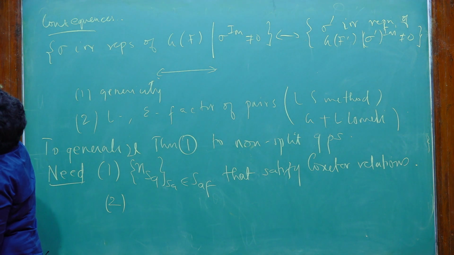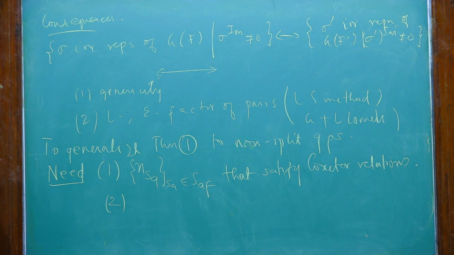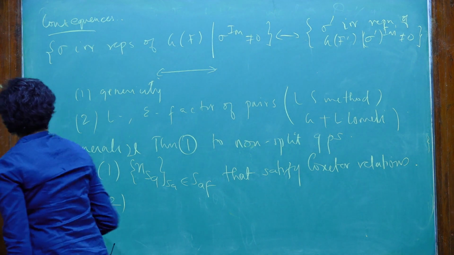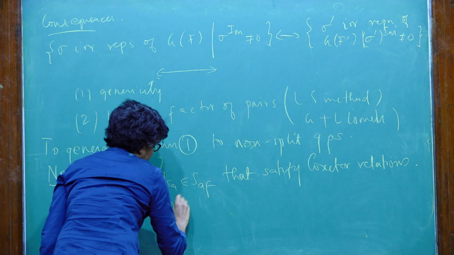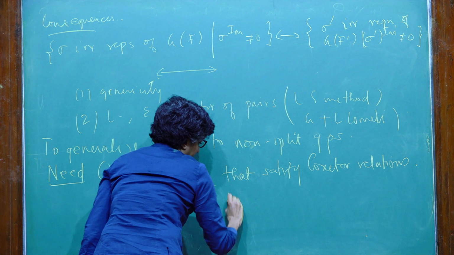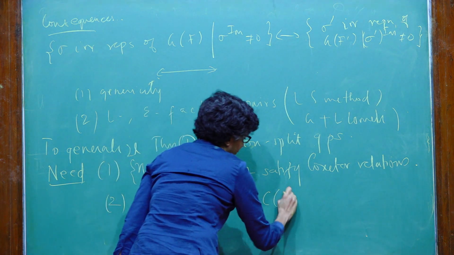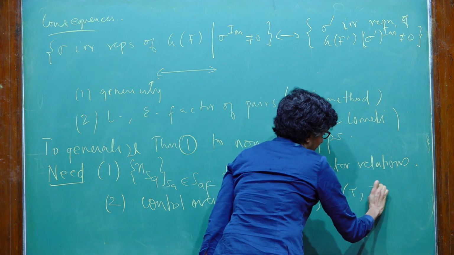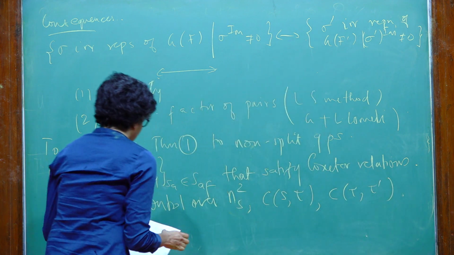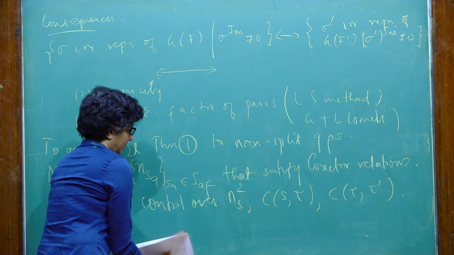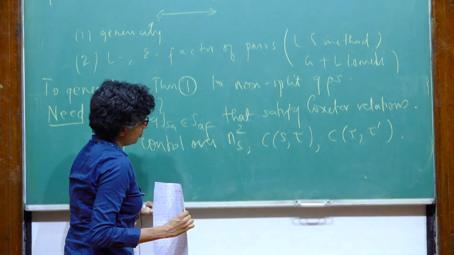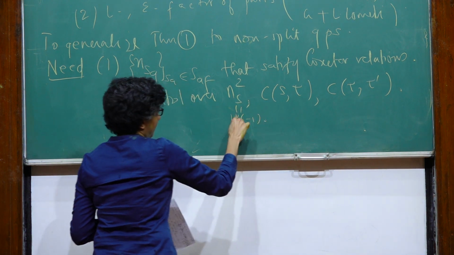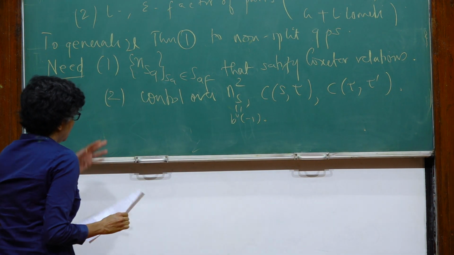And the way FB goes to FB prime is via this isomorphism. So you do want control over NS square, the C of S tau, and C of tau tau, right? In fact, if this is an element of order 2, usually this is, at least in the split case, of this form.